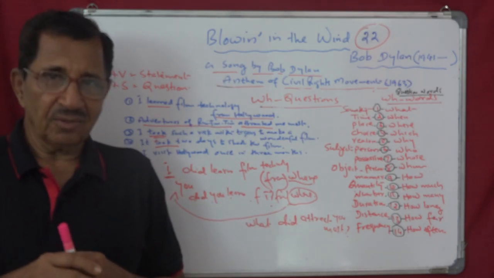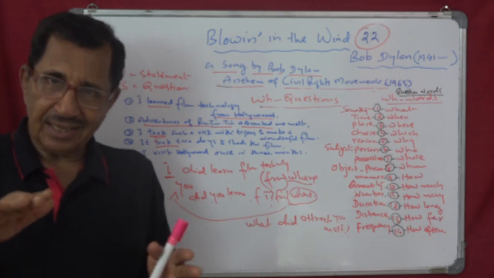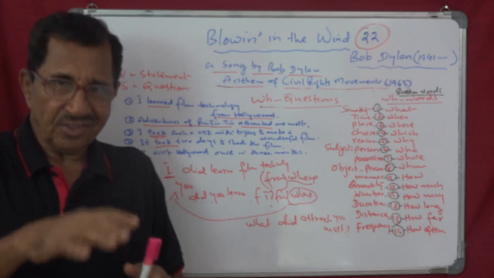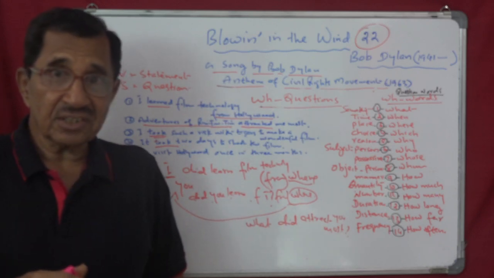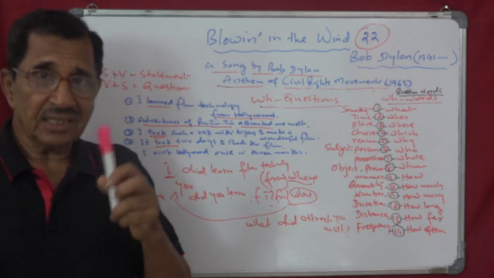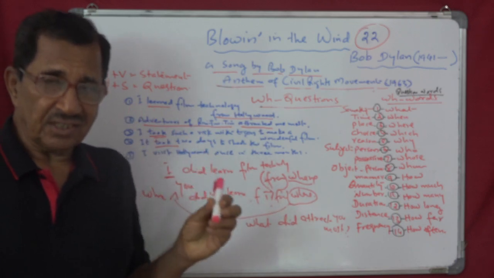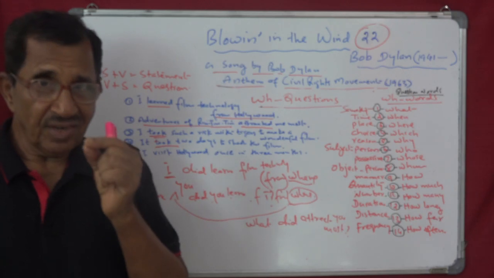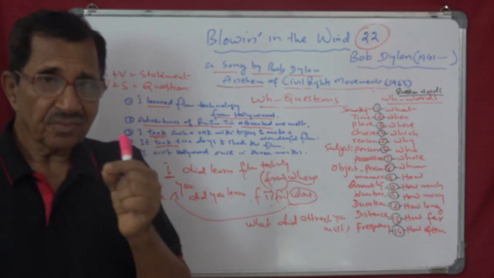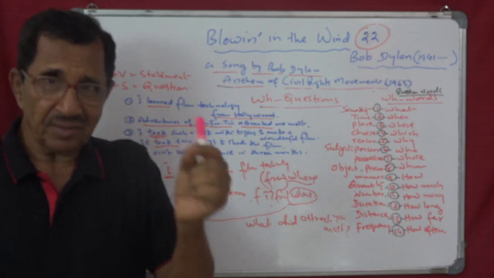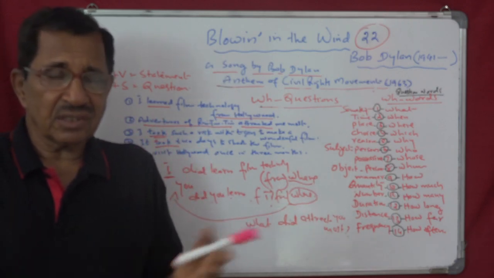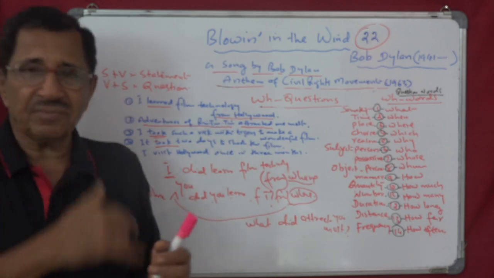Once again, I tell you, it is exactly like the yes or no question. If you know how to make a yes or no question, inversion, do you remember? Subject, verb inversion. And the second point you have to see is single word verb, meaning main verbs, not auxiliaries. Auxiliary can be is, was, etc. These are auxiliaries. They can be easily shifted.